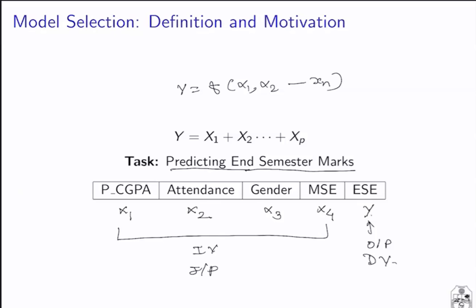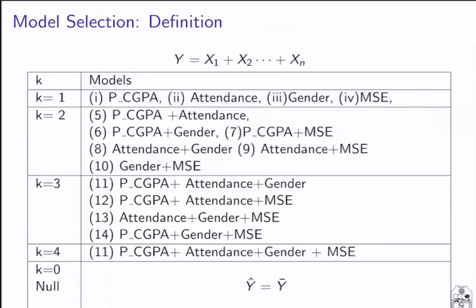So when there are n different variables given, there are multiple ways in which you can build a model, with different combinations of those variables. In the first simple case, you will use only one variable. You will develop a model using only a single variable.